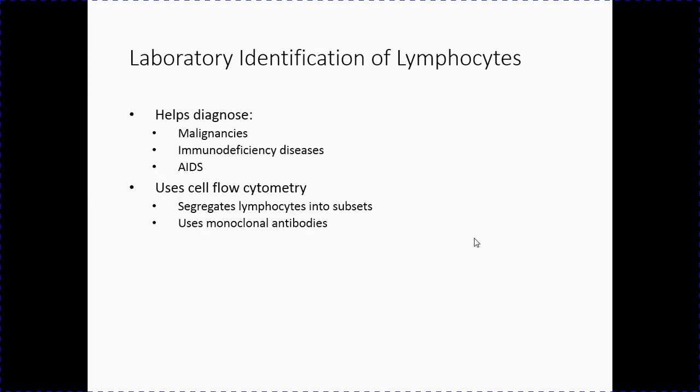And then finally, talking about identification of lymphocytes. Why do we care what they are? We're going to see when we talk specifically about some of the disease states associated with lymphocytes that we can identify malignancies. We can monitor immunodeficiency diseases.